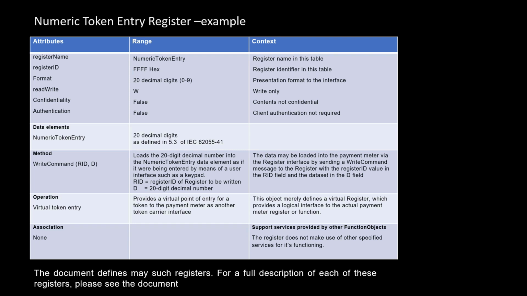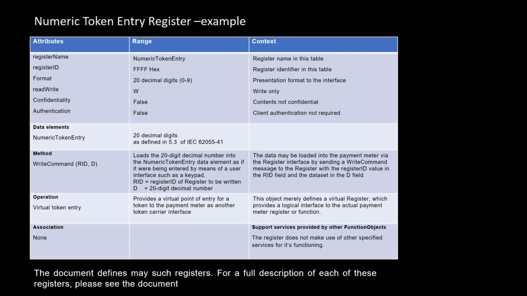The method is a write command with the register ID and D, where D is the 20-digit decimal number. The data may be loaded into the payment meter via the register interface by sending a write command with the register ID value in the RID field you see on the left, and the data set in the D field. So that's the context.